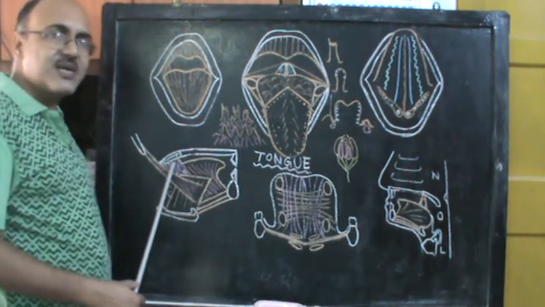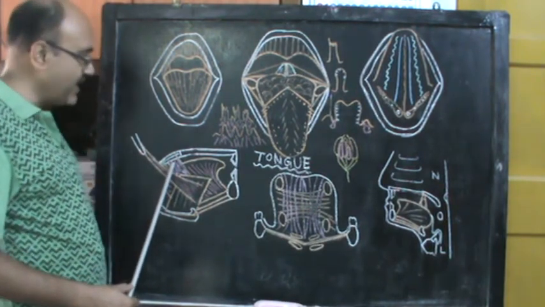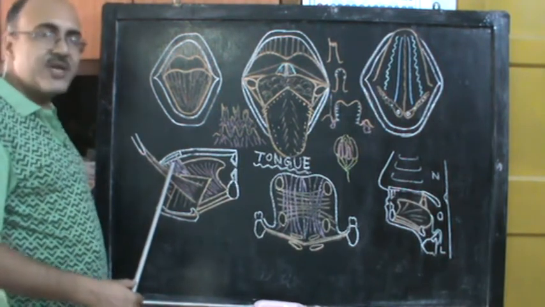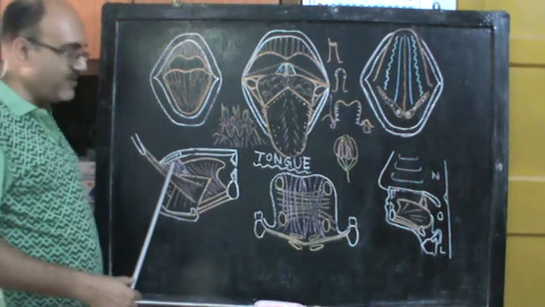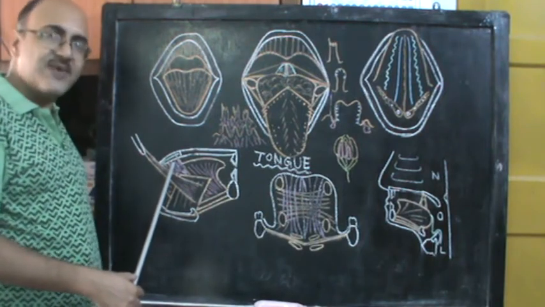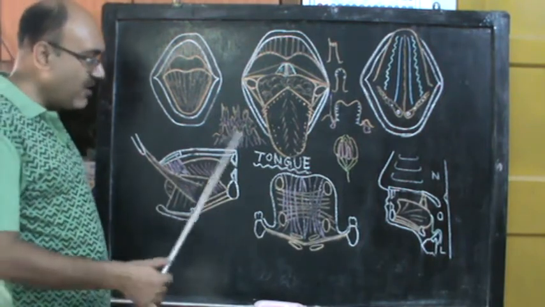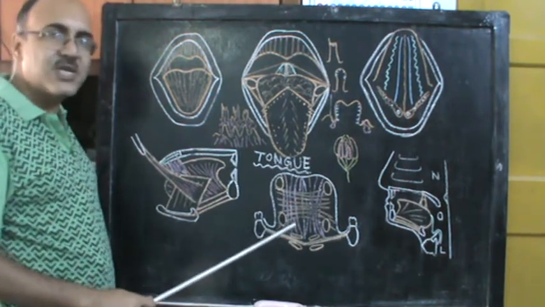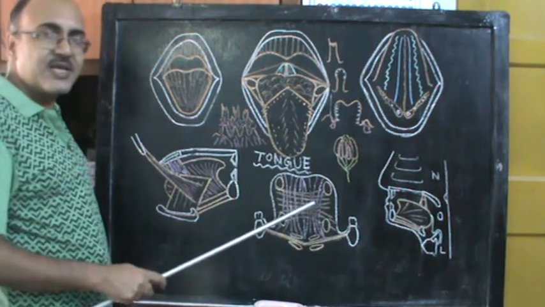Palatoglossus muscle takes the nerve supply of the soft palate, that is, it is supplied by the cranial accessory through vagus after forming of the pharyngeal plexus. So cranial accessory, vagus, pharyngeal plexus, palatoglossus. All other intrinsic and extrinsic muscles of the tongue are supplied by the hypoglossal nerve, which is the 12th cranial nerve.